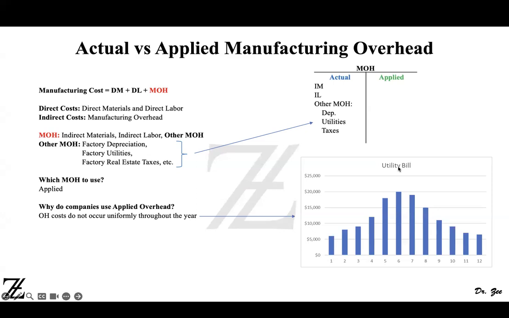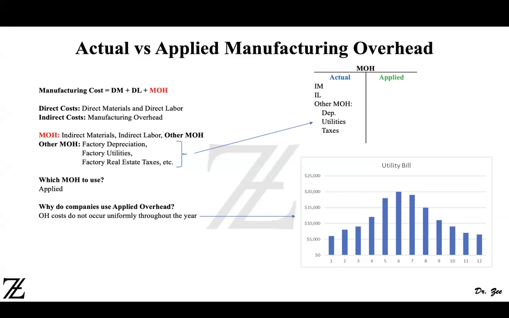As you can see in this graph, during the month of January, your utility cost is lower. And as you move towards the summer months, May, June, July, your utility bill is high. So what does that mean? It means maybe you consume a lot of electricity.